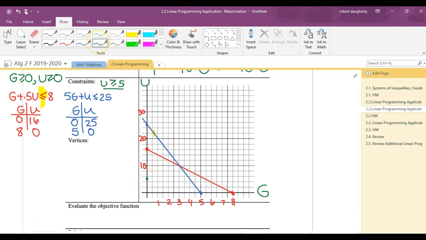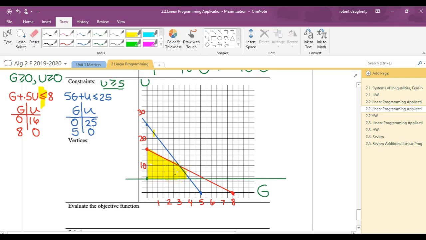If I draw a line that goes right through there, U has to be greater than or equal to 5. So my constraint is below the red line, below the blue line, and above the green line. So this is my feasible region, okay?